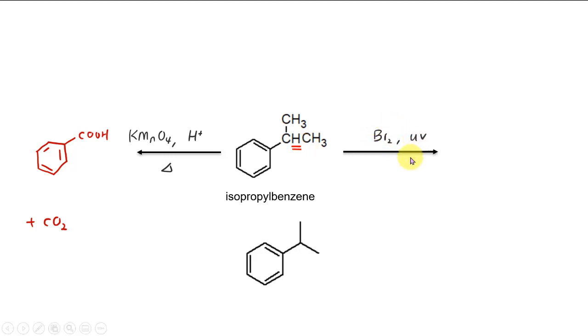And the second reaction here is the halogenation in the presence of UV, so free radical substitution for this alkyl substituent. For this CH3 and this CH3, they are equivalent. So you will substitute one of these hydrogens with Br, and in another product, we are going to substitute the center hydrogen here. The first product, substituting the center hydrogen, gives you the major product, with the bromine attached to a tertiary carbon, which is more stable.